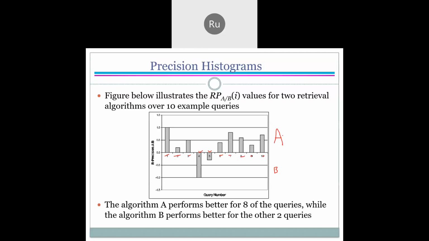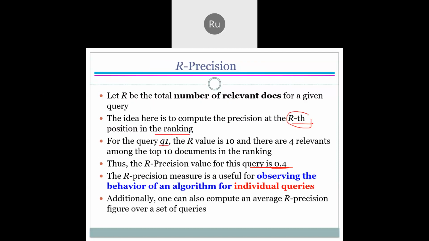We can specifically say for which queries they are good. So you must have several queries in order to test this. Because they are looking at the R precision, the R here refers to the R position of the document in the ranking.